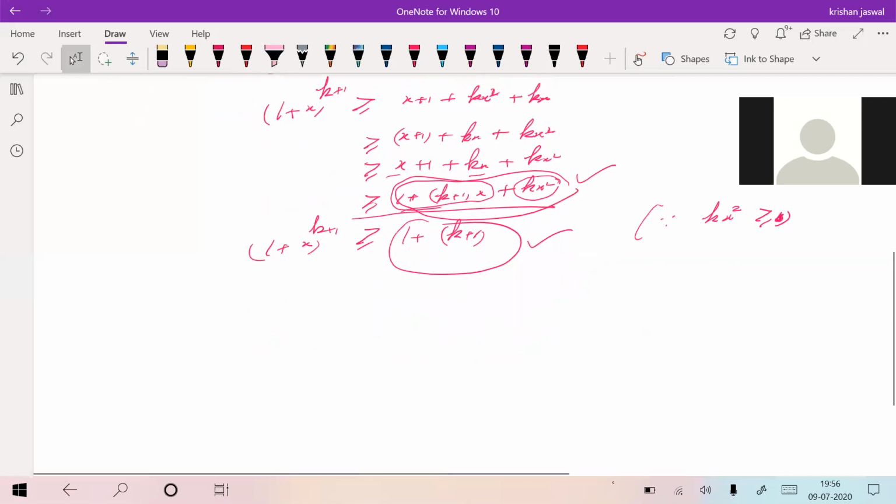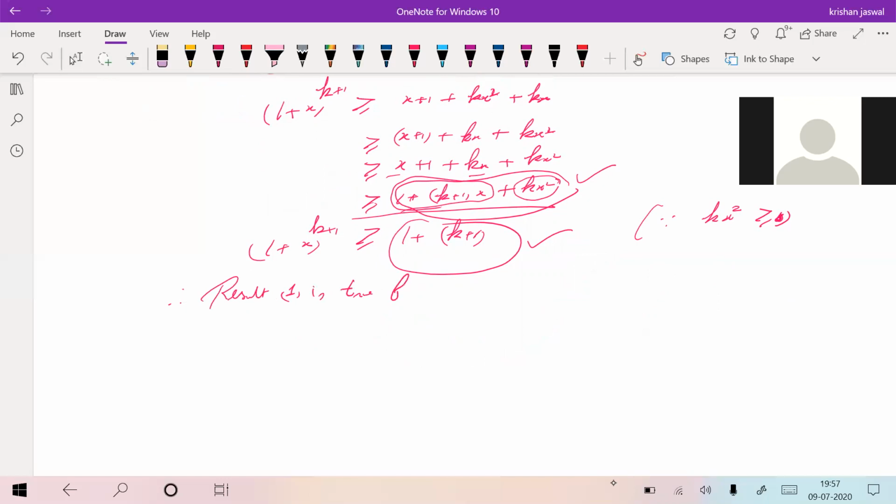Therefore, the result is true for n is equal to k, and it is also true for n is equal to k plus 1. Also, the result is true for n is equal to 1.